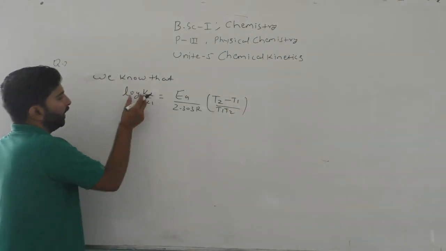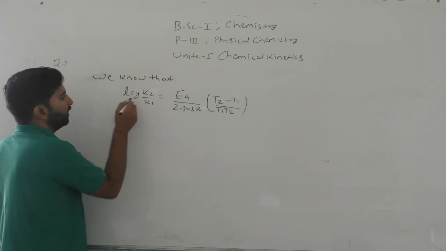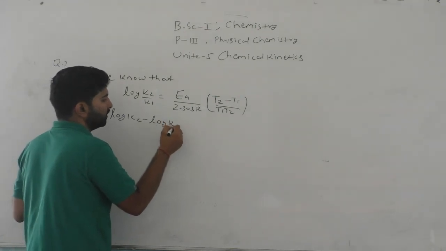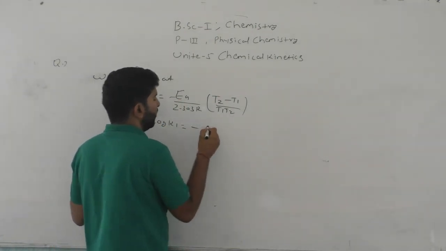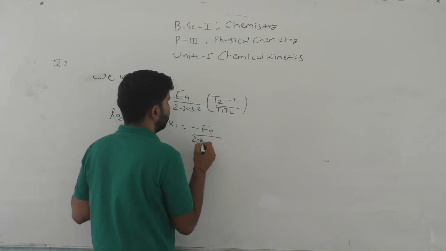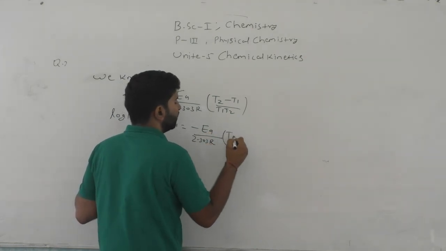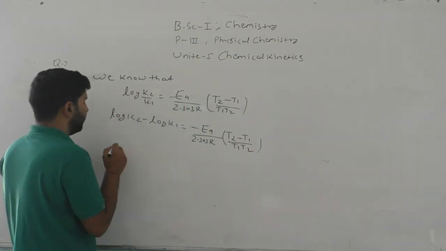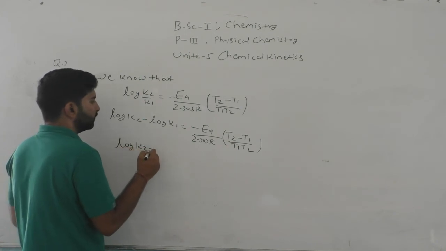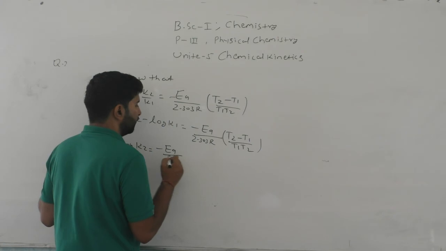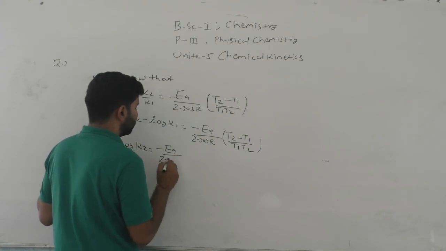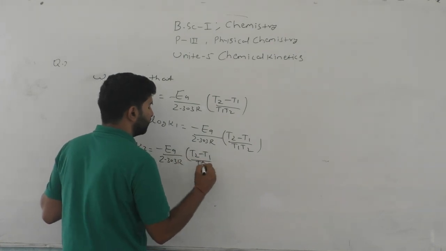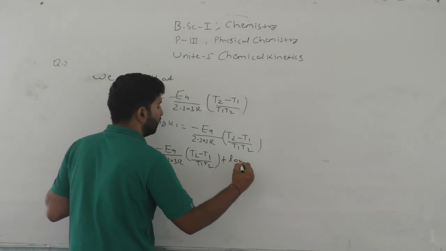We have to determine the value of K2, so we can write this as log K2 minus log K1 equals to minus EA upon 2.303 R times T2 minus T1 upon T1 T2, or we can write log K2 equals to minus EA upon 2.303 R times T2 minus T1 upon T1 T2 plus log K1.